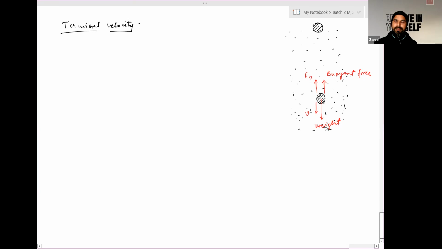Next, since it is surrounded by a liquid, it must have displaced some of its volume, so due to that displacement it may experience some buoyant force opposite to the weight. So at this instant, this object is experiencing viscous force, buoyant force and weight. Now suppose the net force acting on this body at this instant becomes zero. Then it will move with some constant velocity. This constant velocity is called terminal velocity.